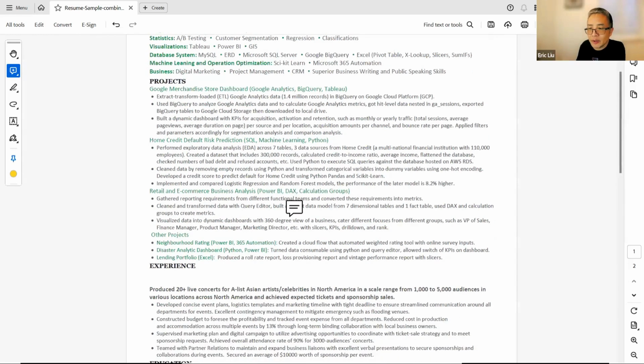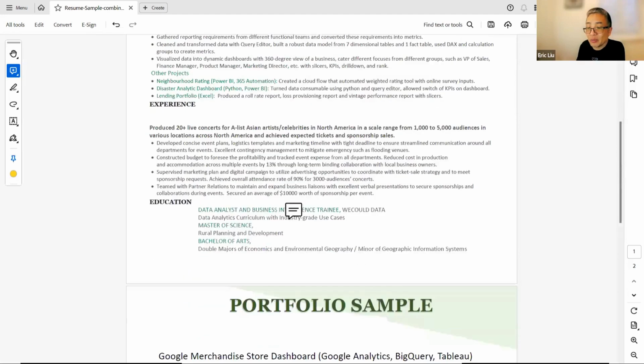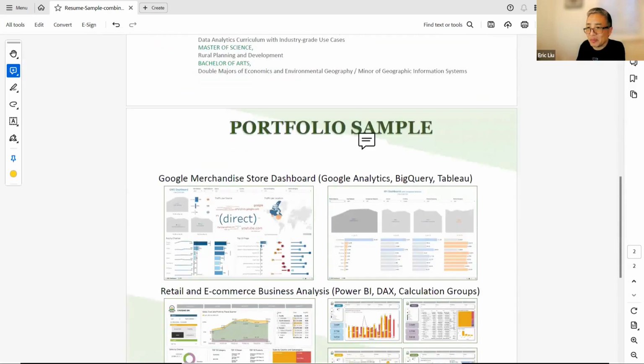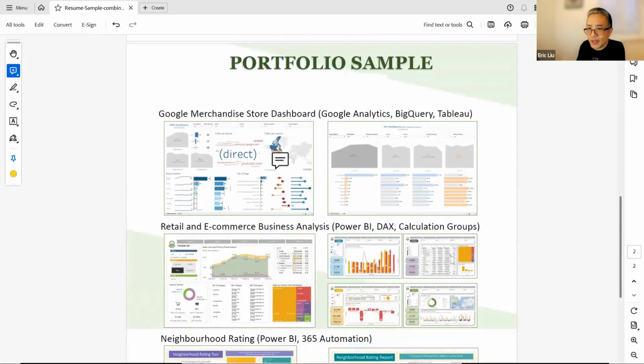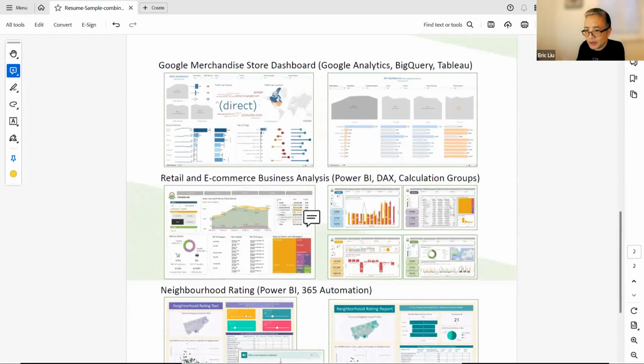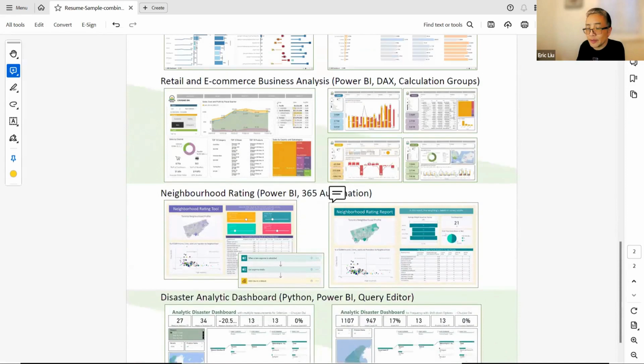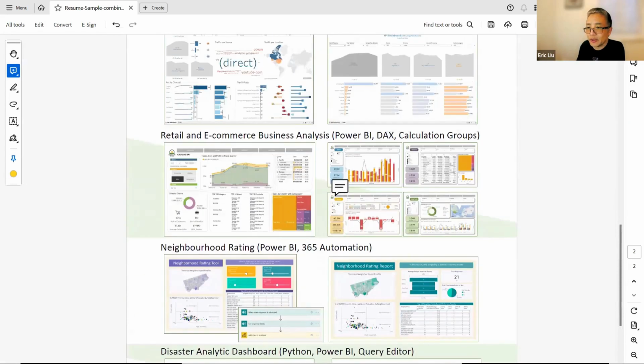And the reason she stood out was also because she included the second page. So this is a portfolio sample. And you see Google Merchandise Store. So you have the first-hand impression by looking at the visual, right? This is the retail and e-commerce. This is not that easy if you look at the dashboards she produced.